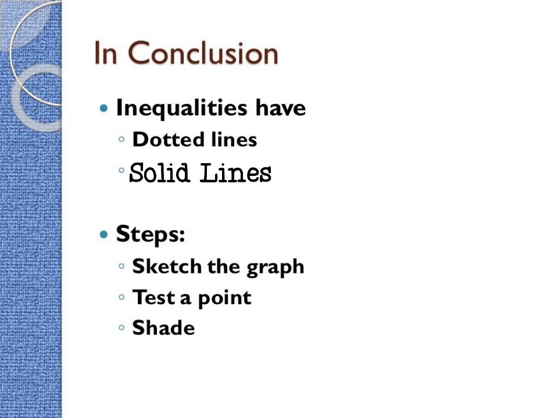Our steps then for solving these inequalities is first, we sketch the graph using our methods that we've been practicing, and then we test a point that lies somewhere not on the parabola, and if it gives us a true statement, then we shade that region. If it is a false statement, then it has to be the region outside. So lastly, based on what we determined from our test point, we then shade our region.